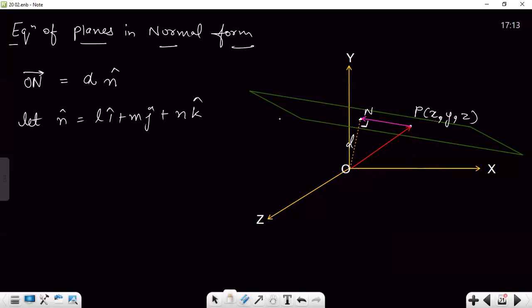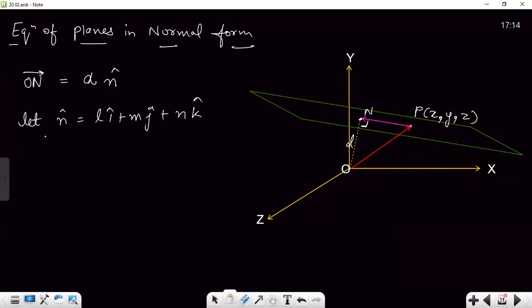ON vector is d N cap. OP vector is x i cap plus y j cap plus z k cap. PN is unknown to us.